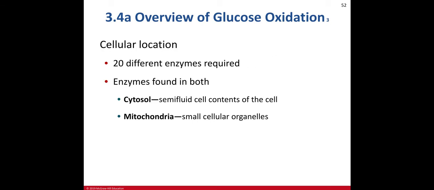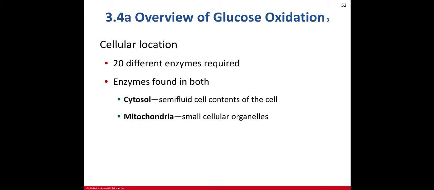Where does it happen? Well, there are 20 or so different enzymes required. Those enzymes are found in the cytosol, which is this sort of semi-fluid, goopy, jelly-like stuff in a cell, and in the mitochondria. That's the small organ that is what we call the energy or powerhouse of the cell.